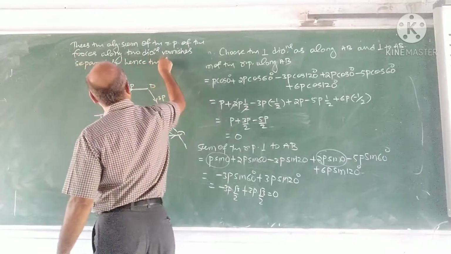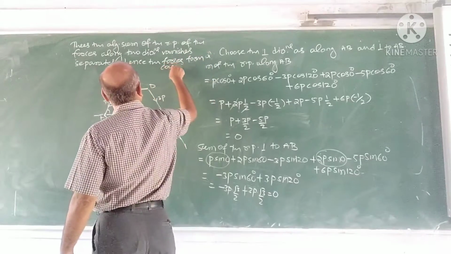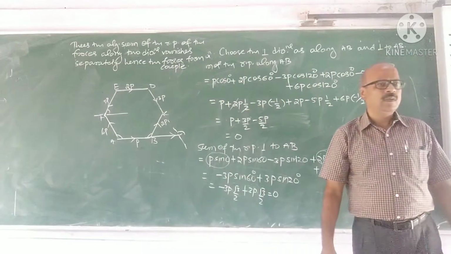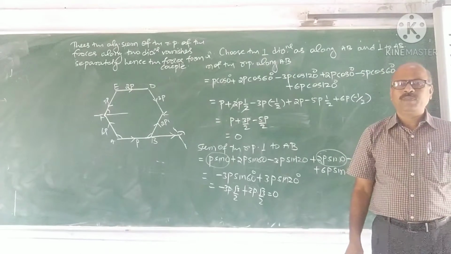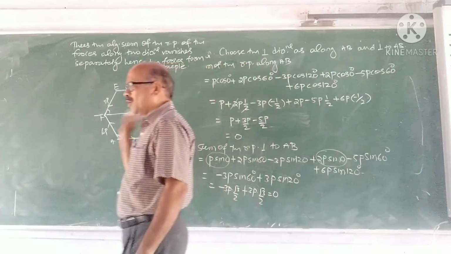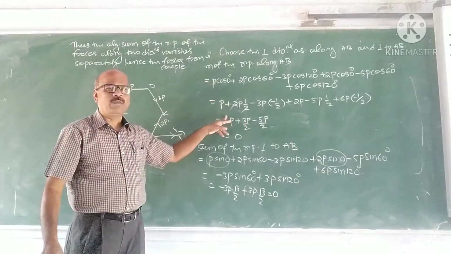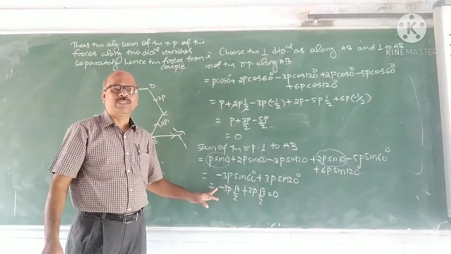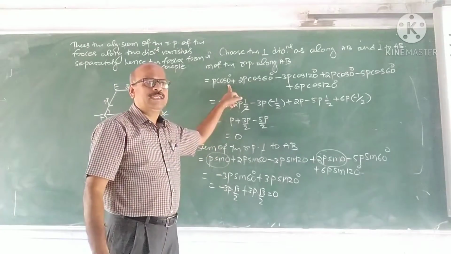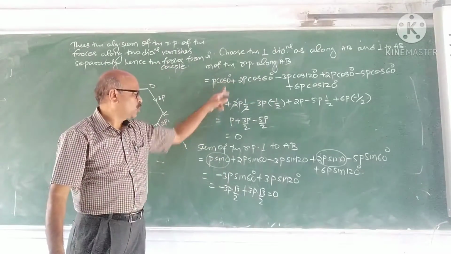Hence the 6 forces form a couple. I think all of you followed this. To prove that forces form a couple, the algebraic sum of the resolved parts along 2 perpendicular directions must be 0. If you write the resolved part along AB, then for perpendicular to AB, only replace cos by sin.